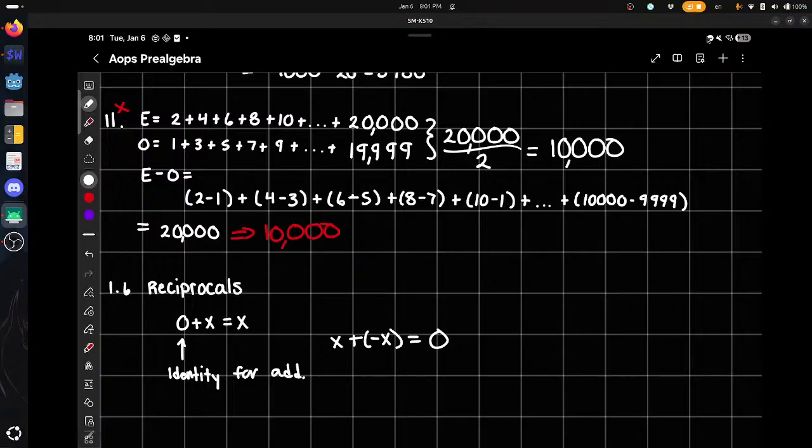We'll see what they're trying to say. So we also learned that for any number x, there's a number called the negation of x, whose sum with x is this identity, 0. That is, negation x is the number that goes in the blank in the equation.